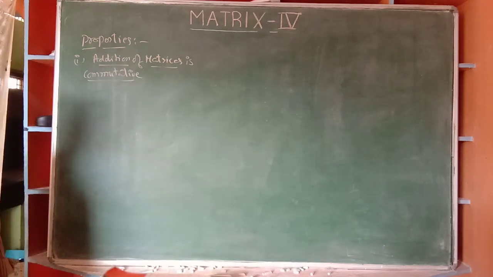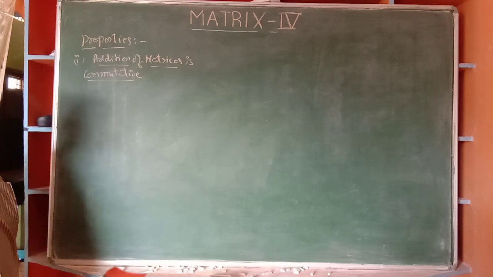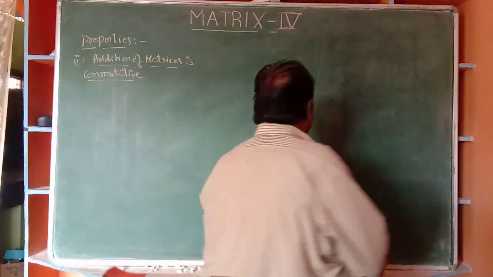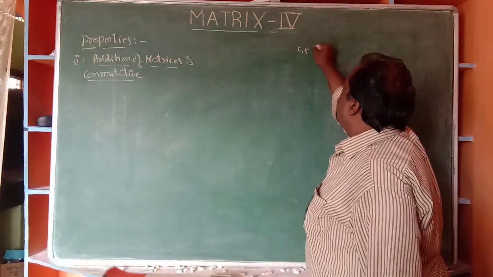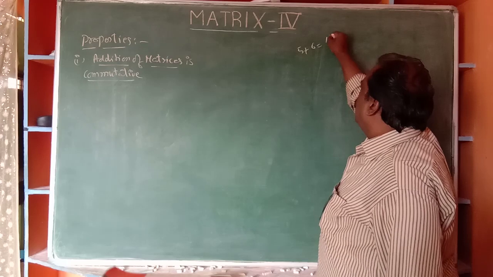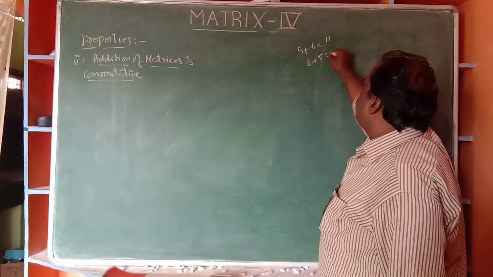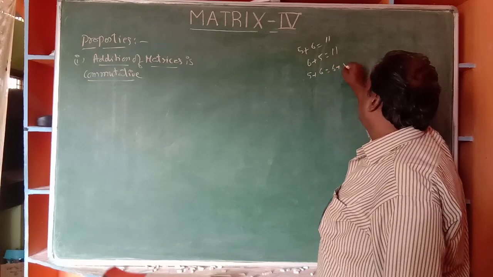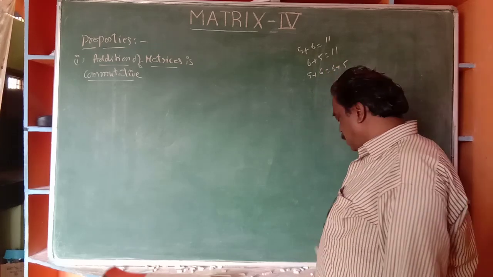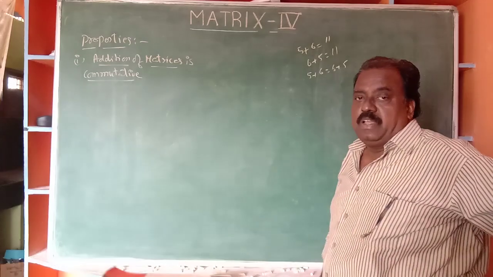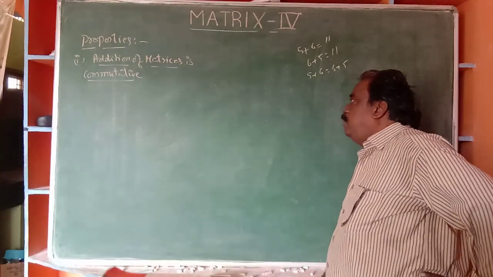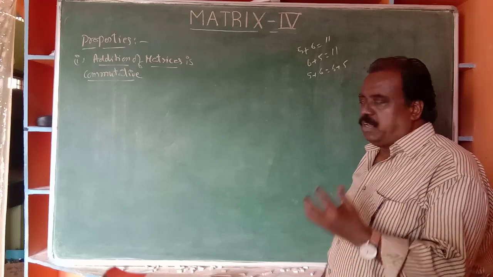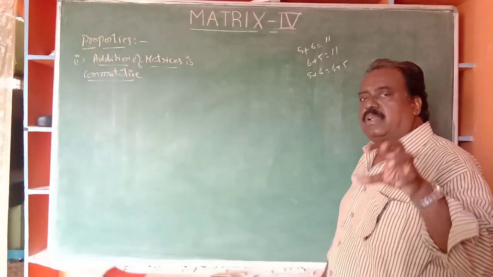Addition of matrix is commutative. Commutative means, you see, 5 plus 6 is equal to 11. 6 plus 5 is also 11. So 5 plus 6 is 6 plus 5. This is the commutative law, commutative property. Addition of matrix is commutative. Commutative means it follows the commutative law property.